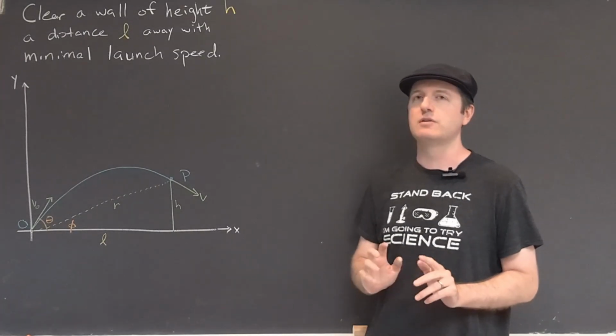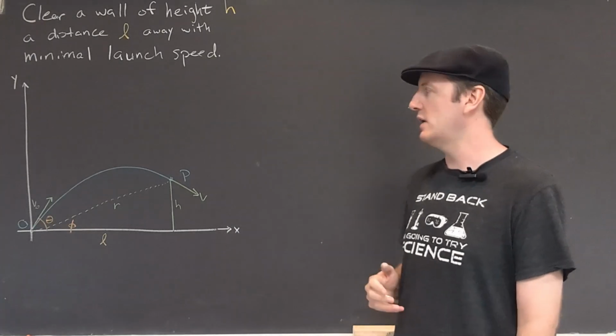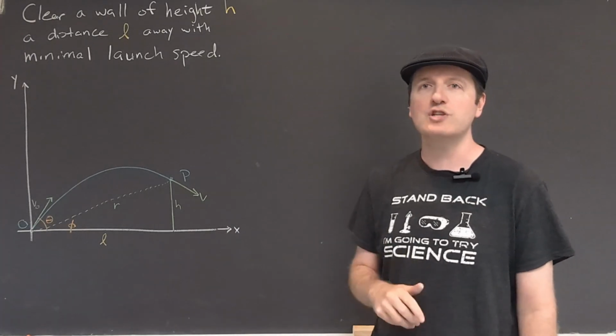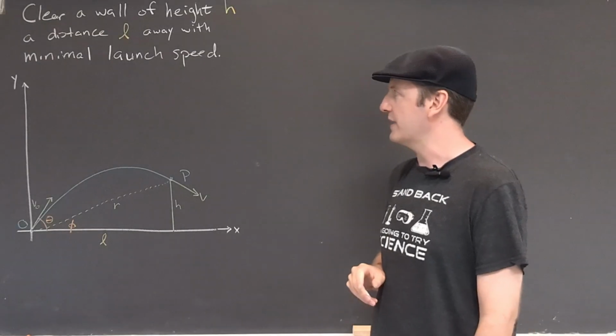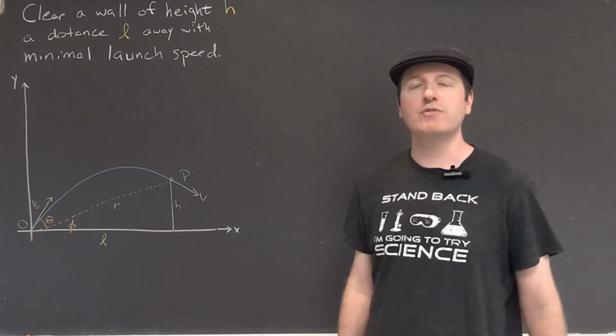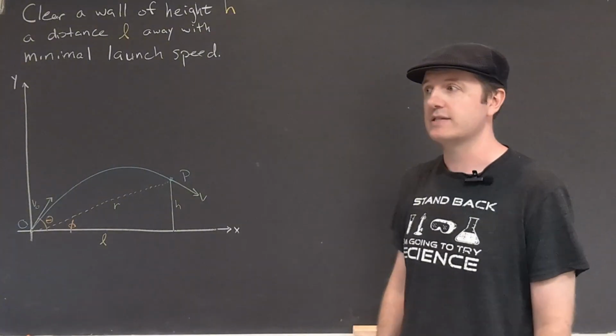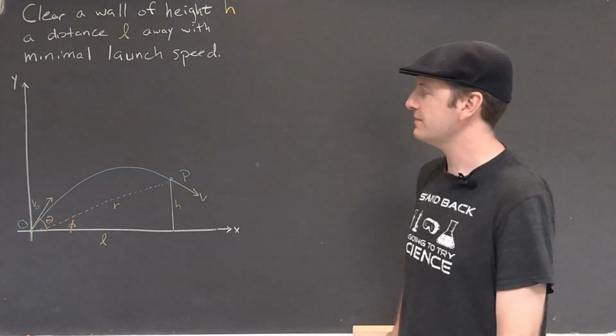I want to do things a little more cleverly, and we'll again invoke our AM-GM inequality to try to do that. And then we'll go see a few interesting geometric properties of this minimal speed result.